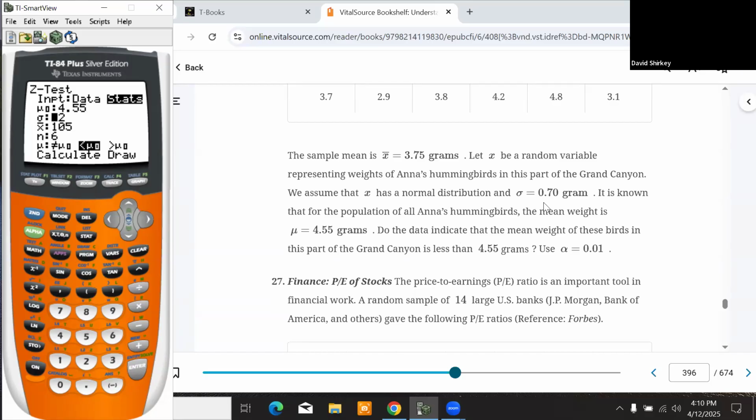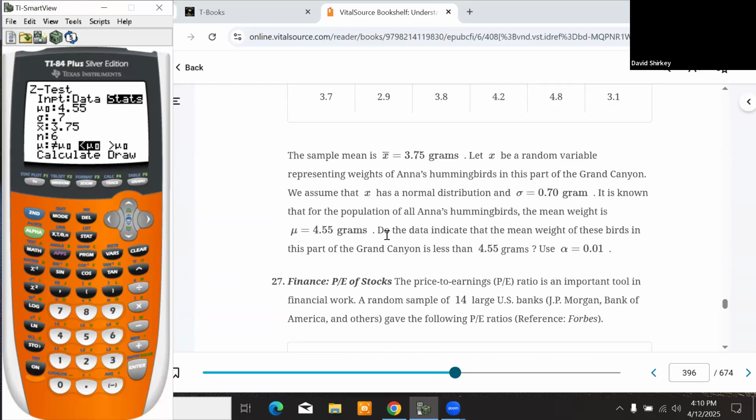Sigma for this data is 0.70. I'm just going to enter 0.7. X bar for the data was 3.75 grams, 3.75. Sample size was 6, which I had from a previous example. So I'm just going to retype it there. N is 6, right?